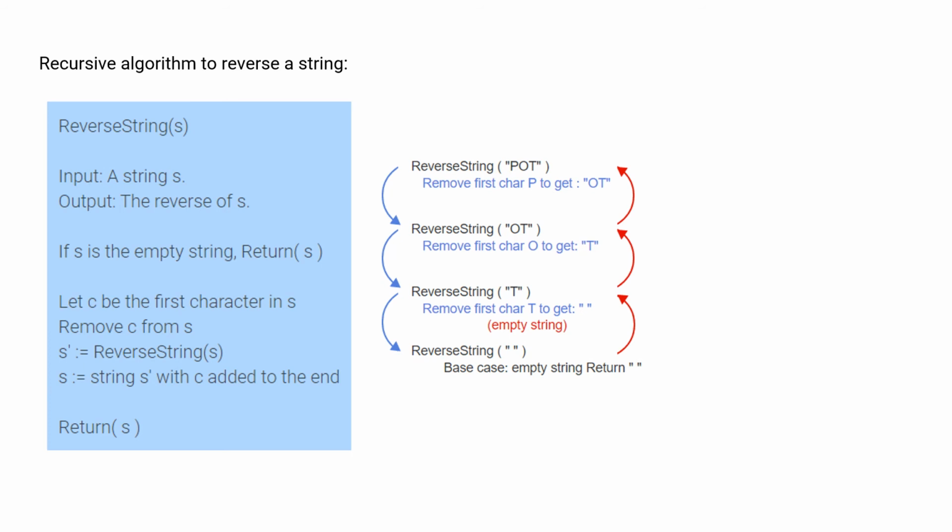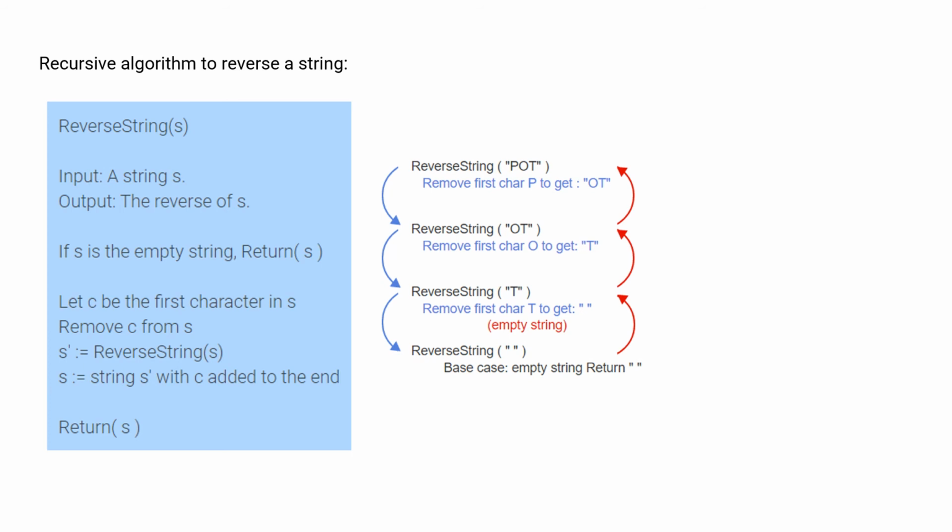Let C be the first character in S. That would be the P. And it says to remove that. So we're going to remove the P from the POT, and you see that we get OT. Then it says S prime equals what we get when we call this same algorithm on OT.